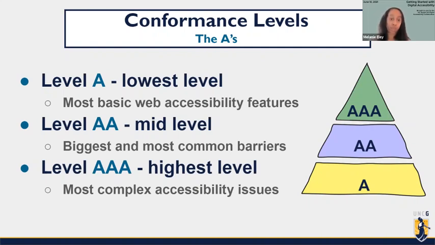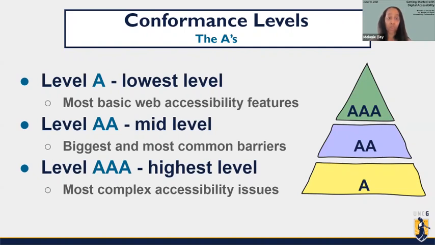The lowest, most basic level is the single A. This addresses the most basic accessibility features to allow people with disabilities to access the content.